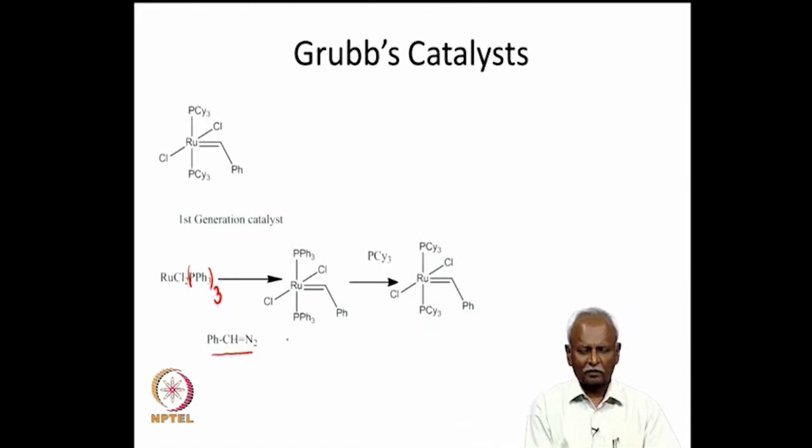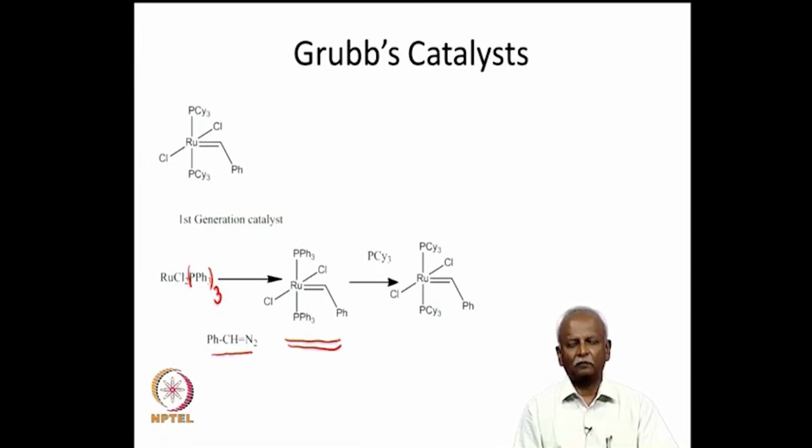This species, which is generated by attaching a carbene to the RuCl2(PPh3)3, turns out to be less reactive. It is not as good a metathesis catalyst, but when you replace the triphenylphosphine with tricyclohexylphosphine with a simple substitution reaction, you end up with the first generation catalyst.